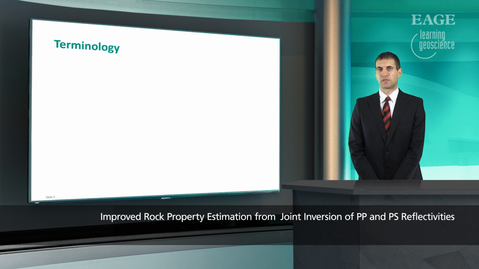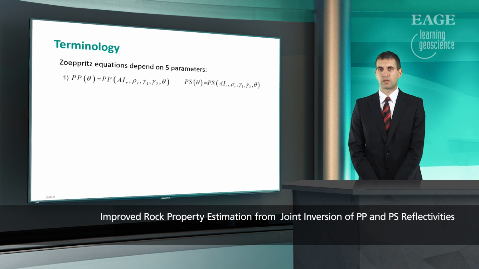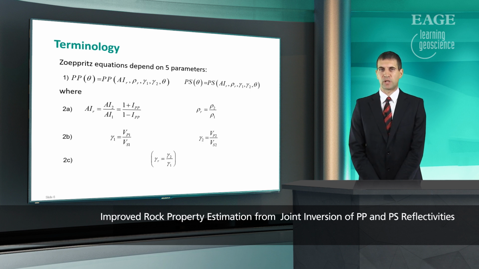Let me now introduce some terminology used in this work. In their most compressed form, reflection coefficients calculated from Zoeppritz equations depend on 5 parameters. These are acoustic impedance ratio, that is acoustic impedance of layer 2 divided by acoustic impedance of layer 1, which can be easily calculated from intercept of the PP wave, denoted by IPP in equation 2a.